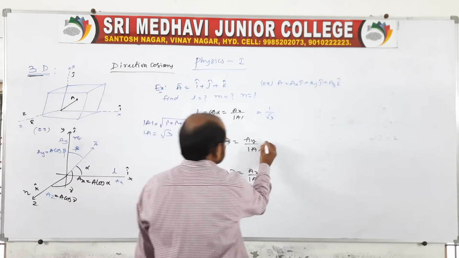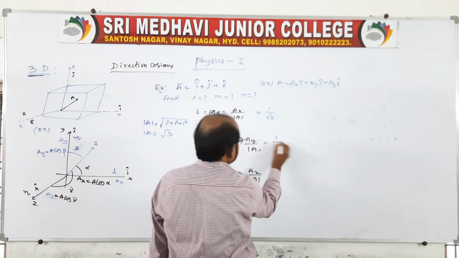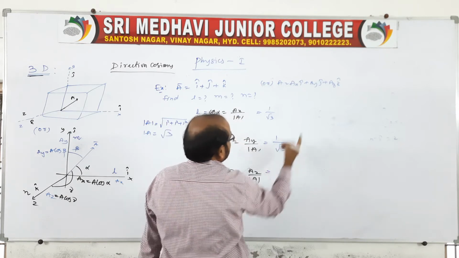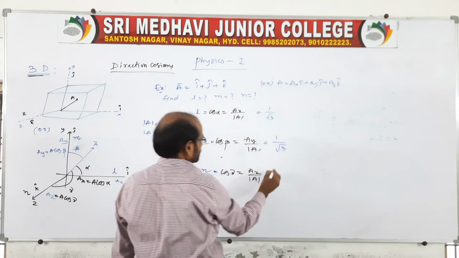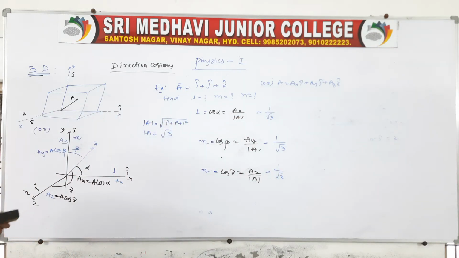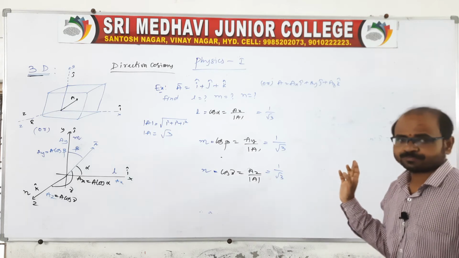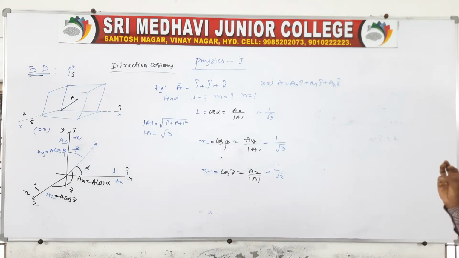Like that you take the next also: Ay is equal to 1, so 1 by magnitude A is root 3, and Az is equal to 1 by root 3. This is the way to do the problem in case of direction cosines if any problem is given in the examination. So this is the method to do the problems. Clear? These are related to direction cosines problems.